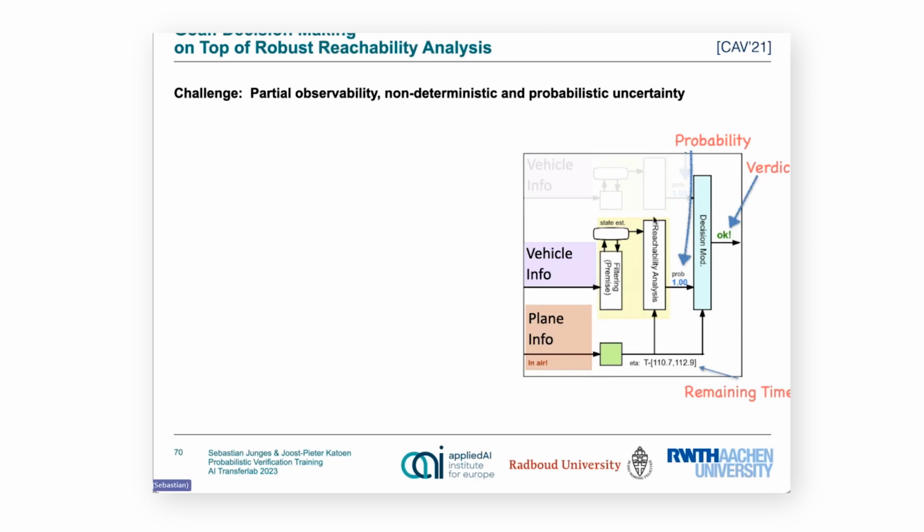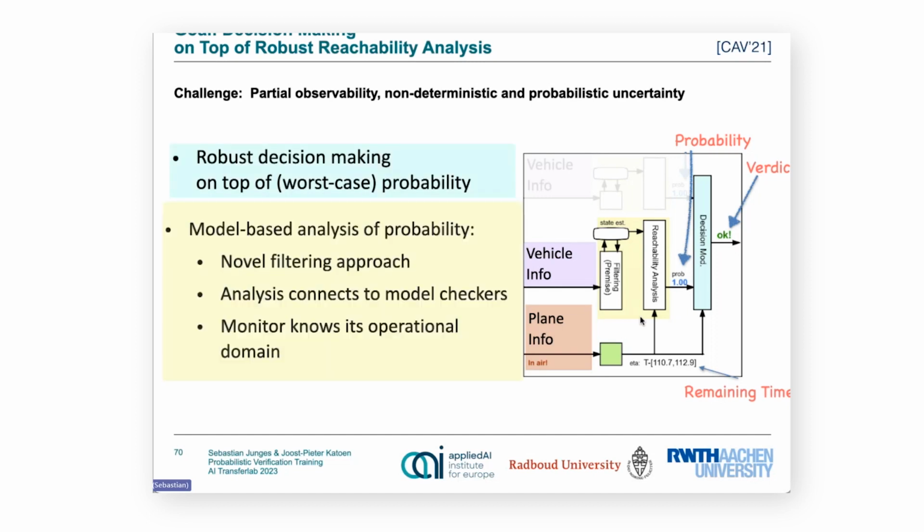That's done with a reachability analysis, and that's where Storm is coming in. So in order to obtain this worst case probability of actually colliding with the aircraft, we're taking Storm, where we do some filtering based on what the vehicle is doing, and we get some information from the plane. We run Storm, and that provides us with this probability.